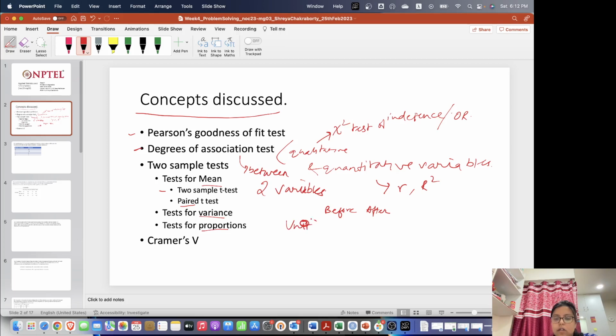This is the unit on which observations were taken, and some before after or pre post criteria where the samples in group 1 were paired to samples in group 2. So those sorts of tests were also discussed. With this, I will move on to some examples which will help you understand how to solve these problems.